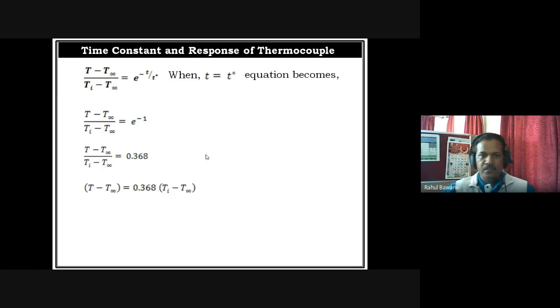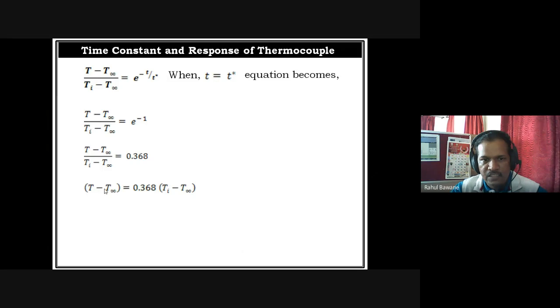Now what does it reflect? Remember friends, when we insert a probe, that difference is the initial temperature of the probe minus the surrounding temperature, correct? When we insert that probe, the probe temperature starts rising, so the temperature at that particular time gives T minus T infinity.